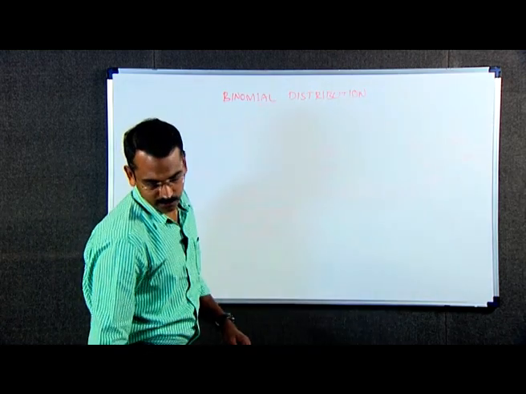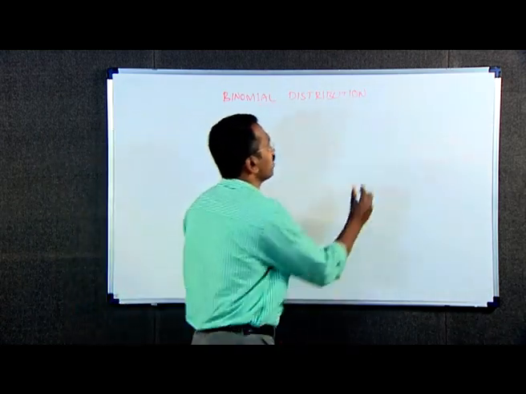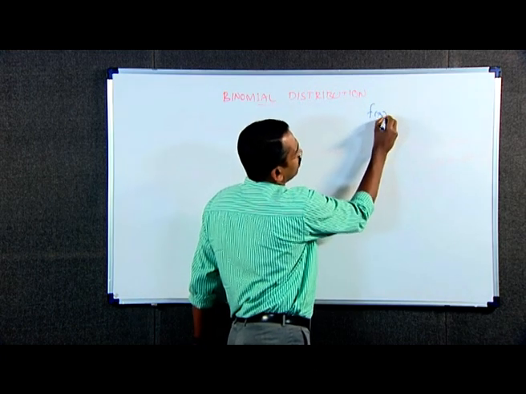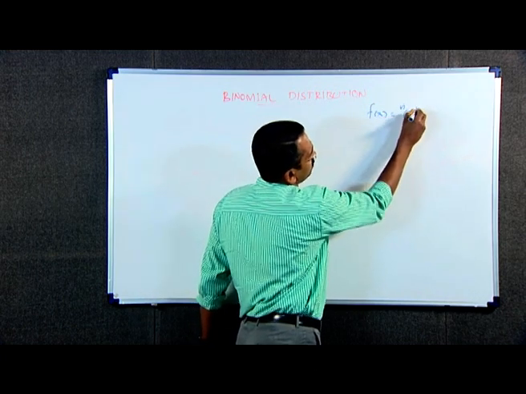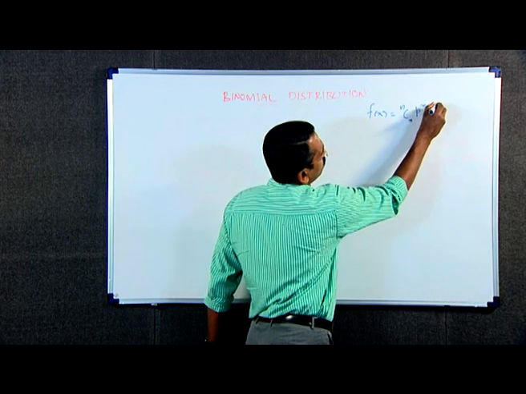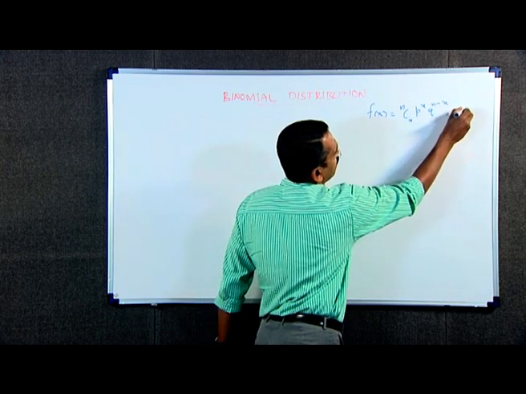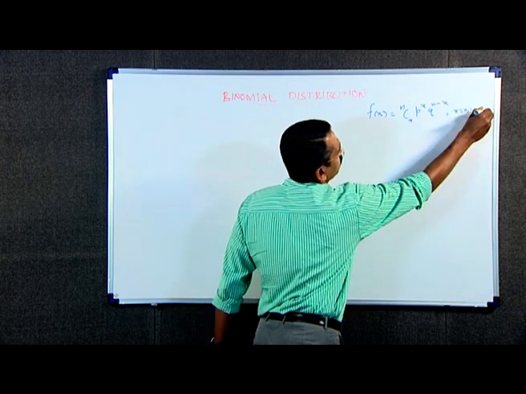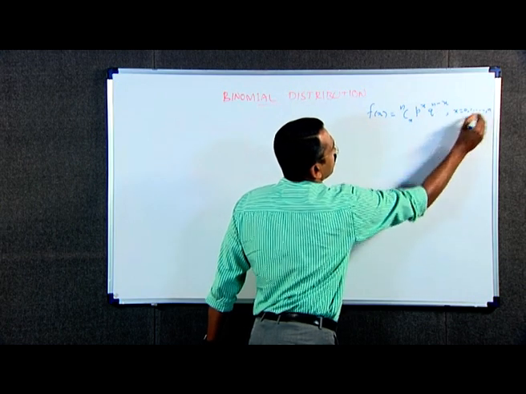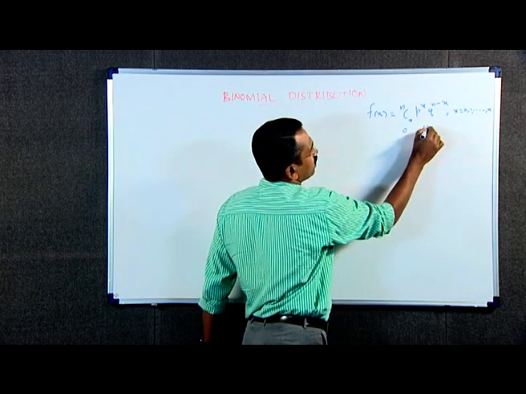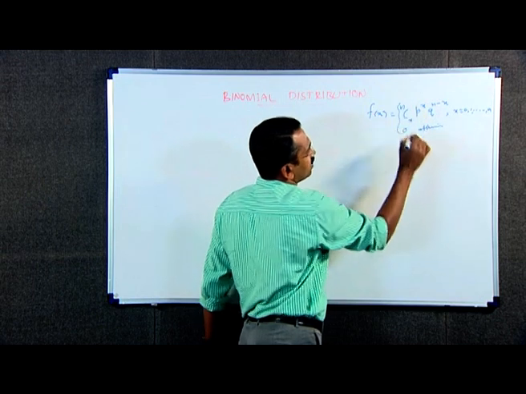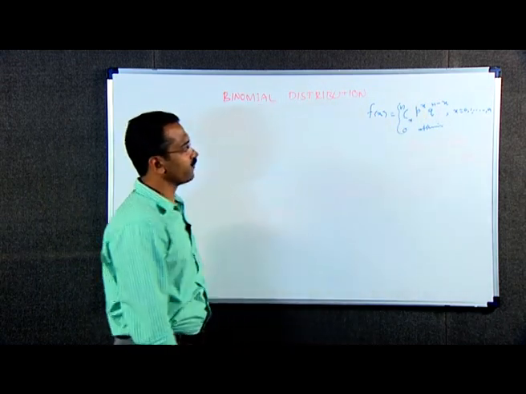Here the function is f of x is equal to nCx p raised to x q raised to n minus x, where x varies from 0, 1, 2, 3 up to n, and 0 otherwise. This is the PMF of binomial distribution.